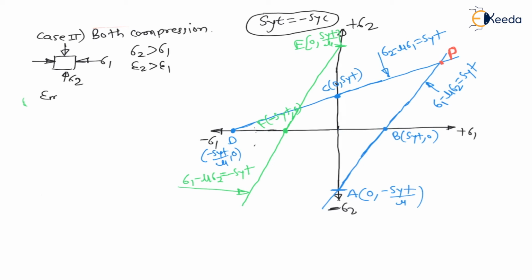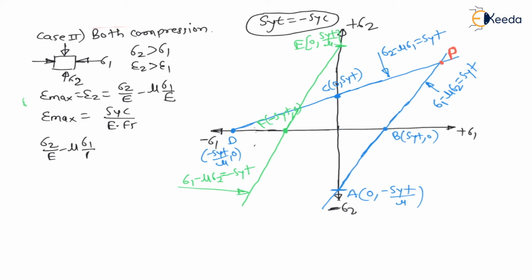Therefore Emax is equal to E2, which is sigma 2 by E minus mu sigma 1 by E. As it is compression, we have to equate this Emax with SYC divided by E into factor of safety, right? Therefore put the values: sigma 2 by E minus mu sigma 1 by E is equal to SYC divided by E into factor of safety.